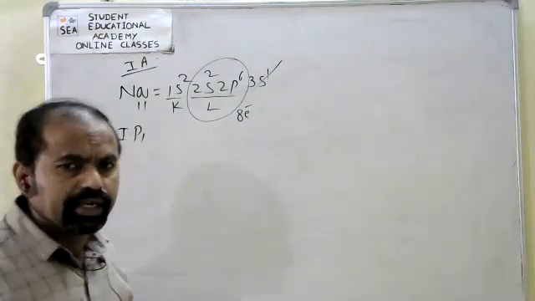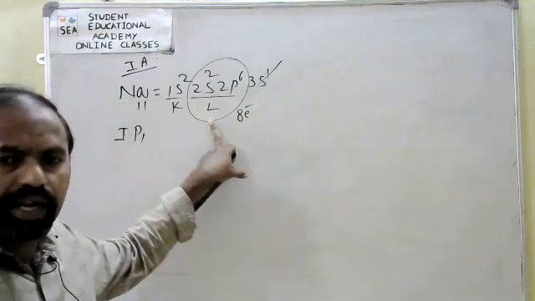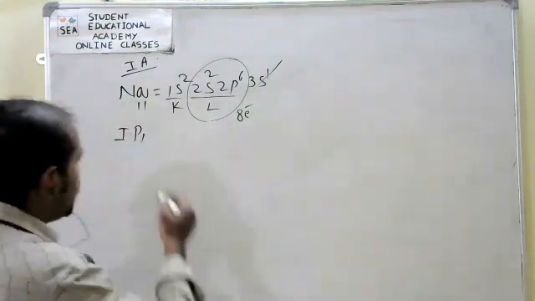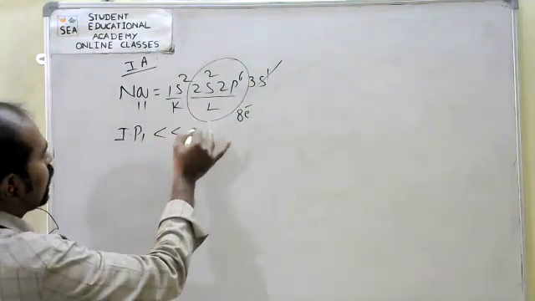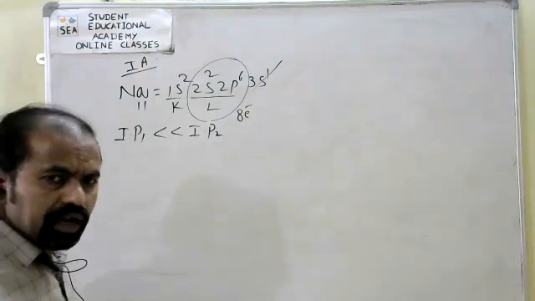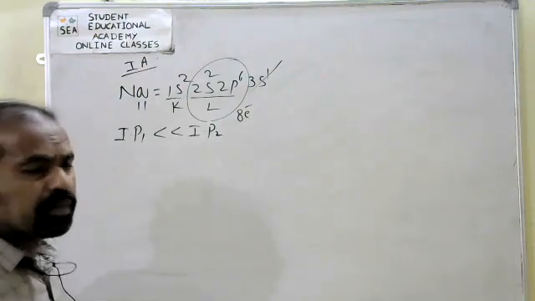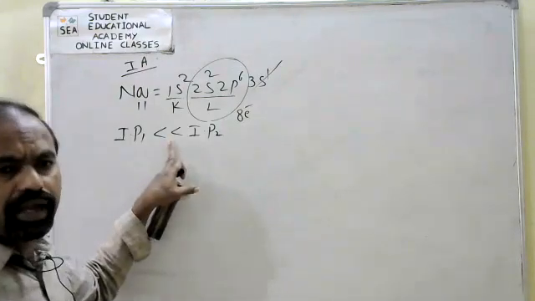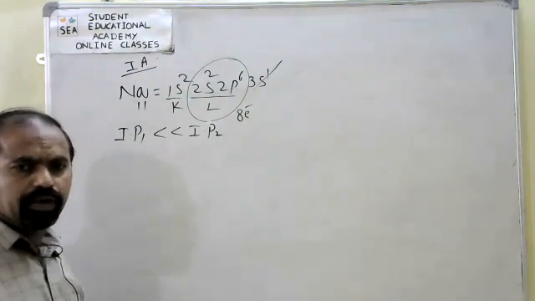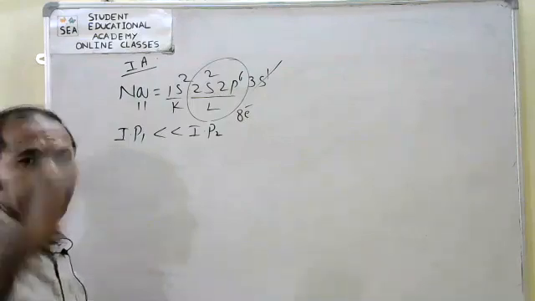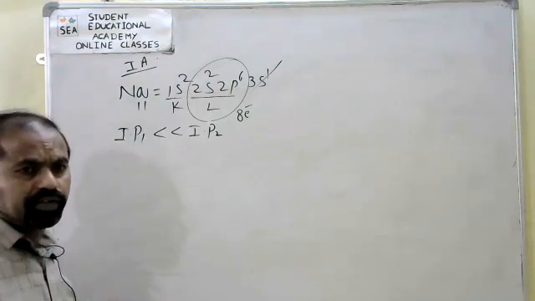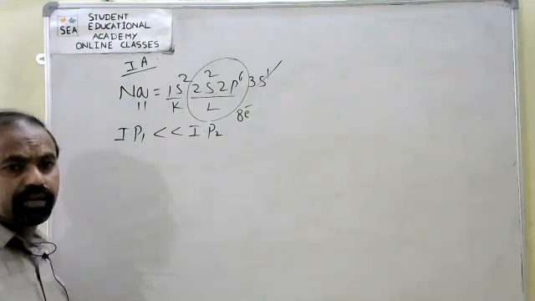Because of that, removing an electron requires a large amount of energy. It is very much higher than IP2. Generally IP1 is less than IP2, that is common. But here the IP values show a sudden jump, so it is not normal.